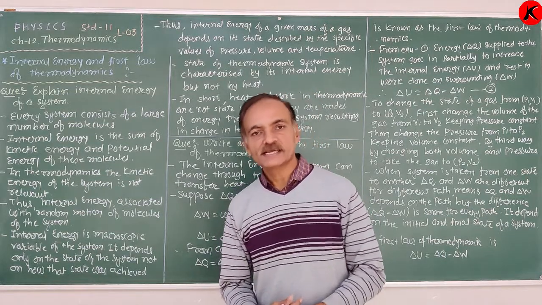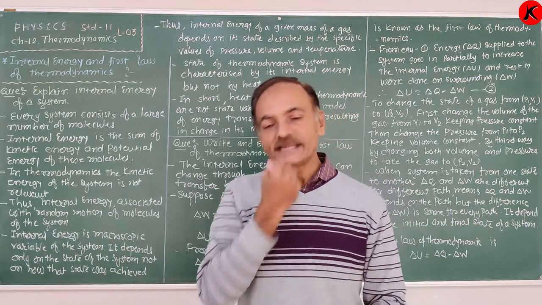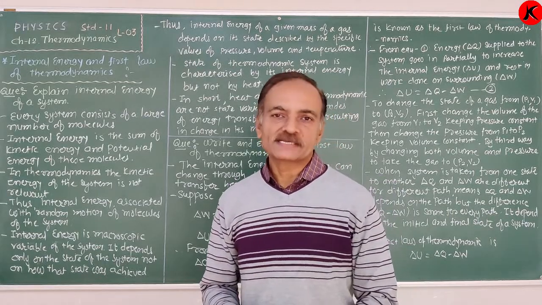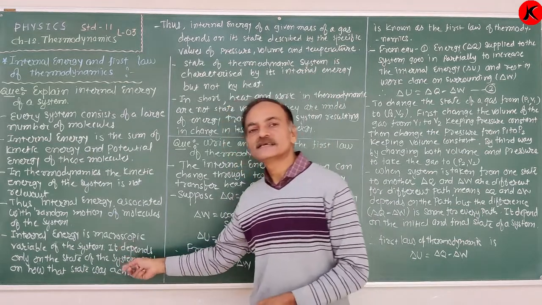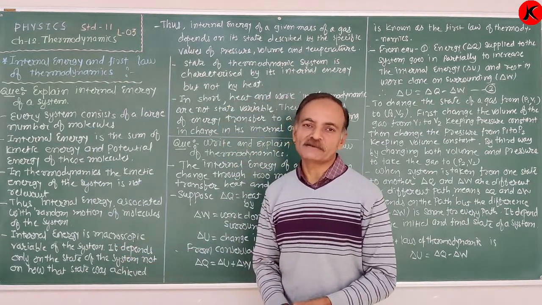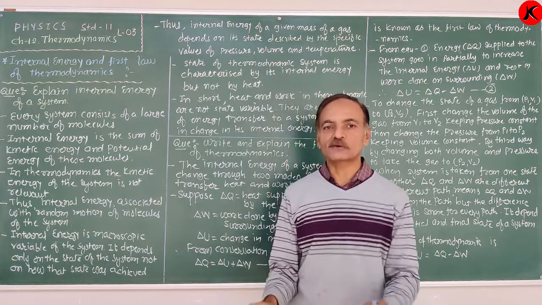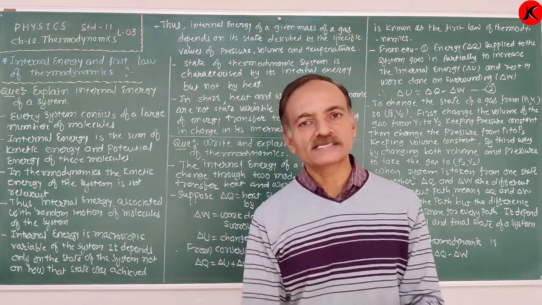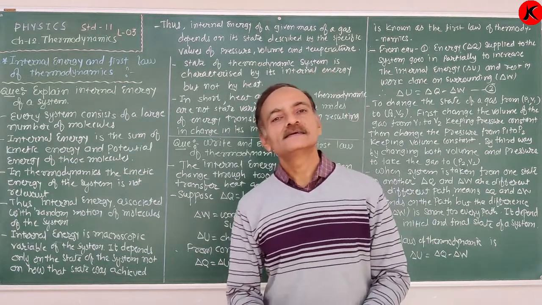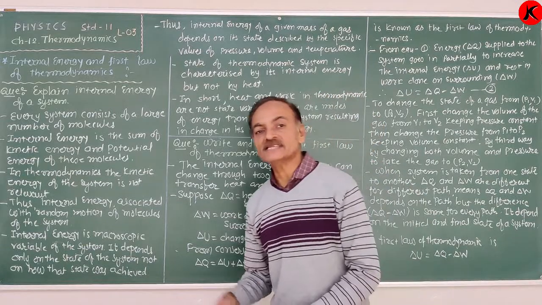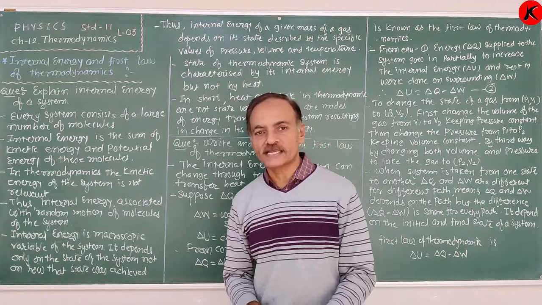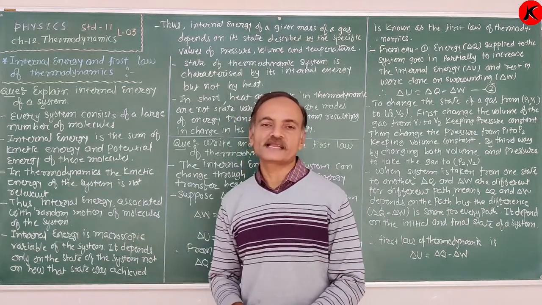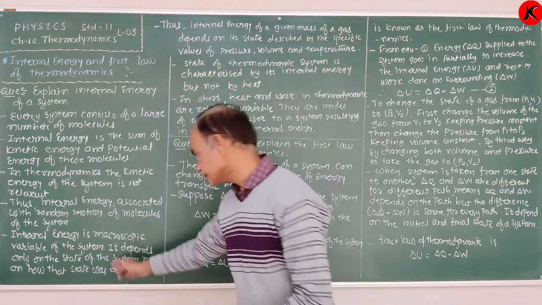Keep in mind that pressure, volume and temperature we measure directly, but the internal energy of a system is not directly measured. It is a physical quantity, but it depends on other physical quantities. By knowing the other physical quantities, we can know the internal energy of a system.